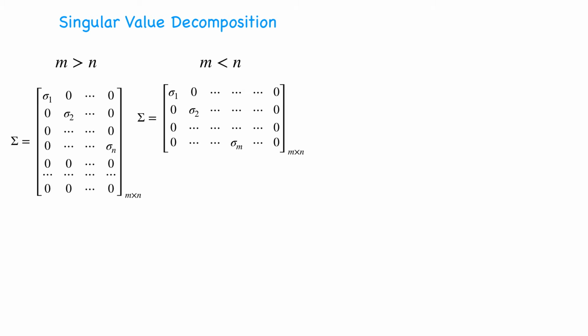If m is greater than n, sigma looks something like this: the first n diagonal values are occupied with singular values, and the rest of the values are all zeros. Let us see the significance of singular values and how they behave for various types of matrices.